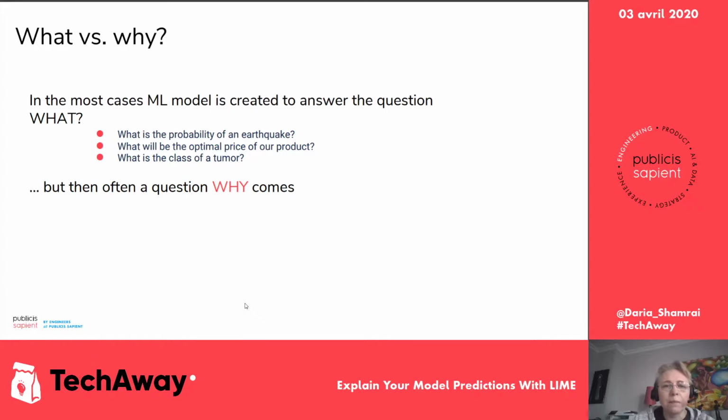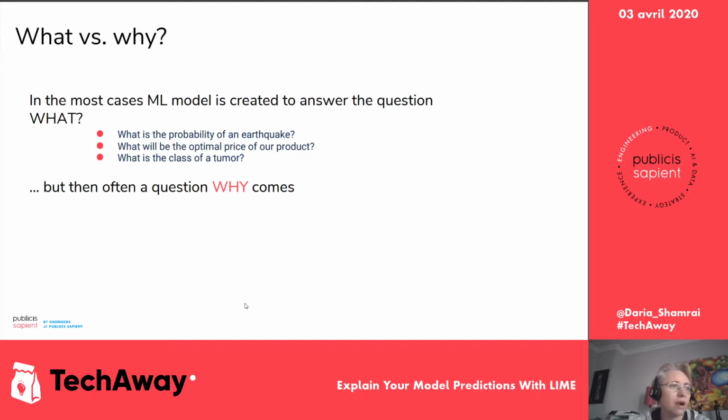What versus why. As a data scientist, through my career, I often face the situation where the first question we need to answer is the question "what?" What is the probability of an earthquake?